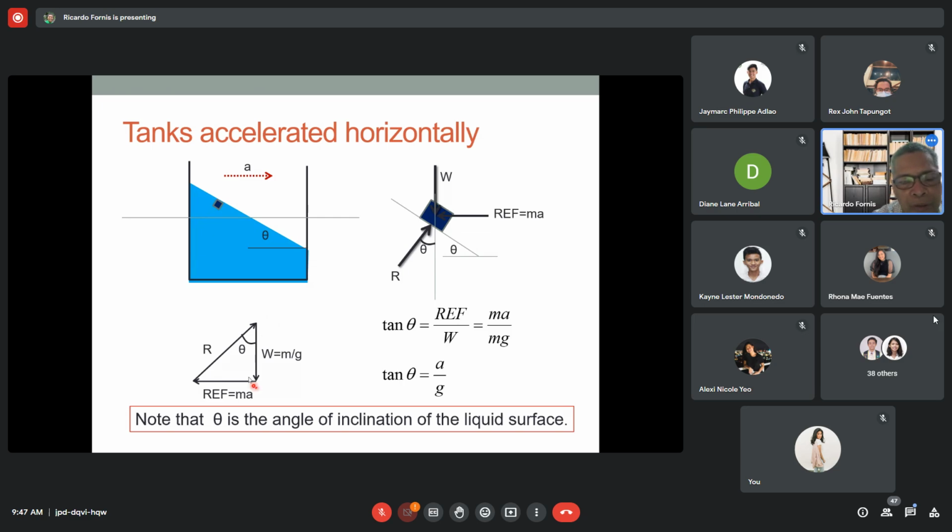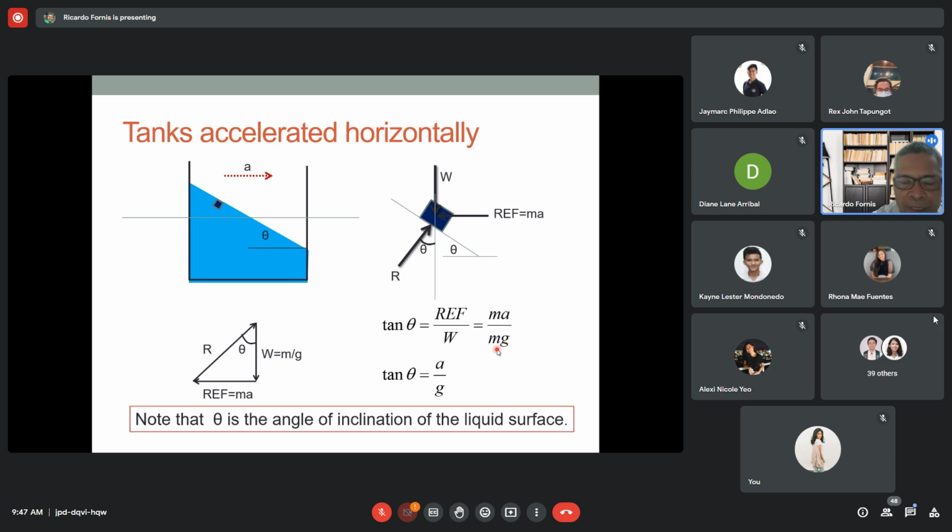If the polygon is closed, it means the forces involved are in a state of equilibrium. Normally, we will be interested in the angle of inclination of the liquid surface, theta. How to solve for theta? You look at this force triangle, where you can involve a side opposite to the angle and another side adjacent to the angle. That function is tangent. The tangent of theta is mass times acceleration all over mass times g.